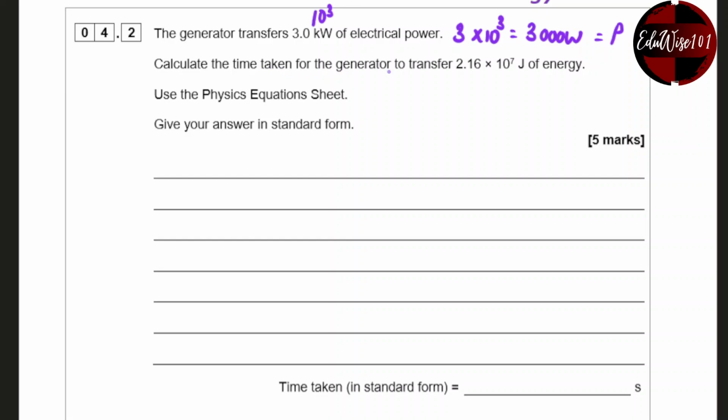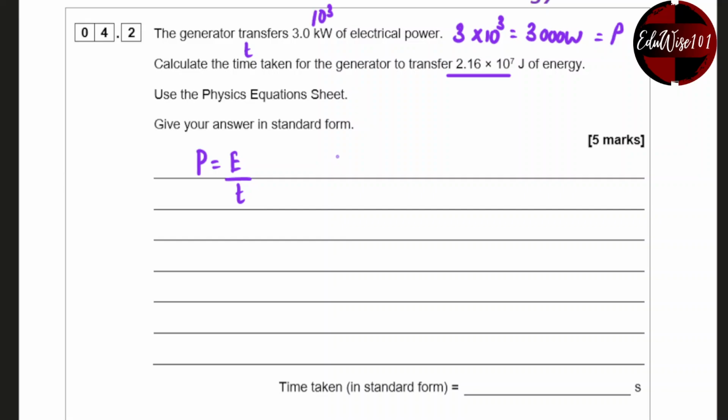The time taken for the generator to transfer 2.16 times 10 to the power 7 joules of energy. Calculate the time taken. So power equals energy divided by the time.